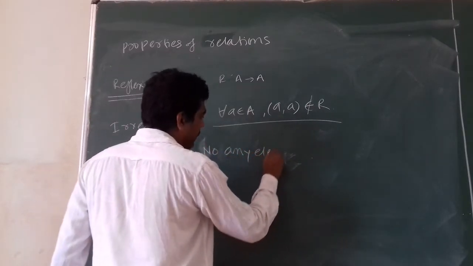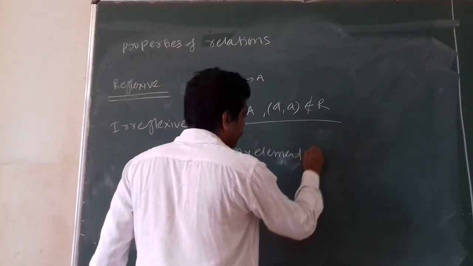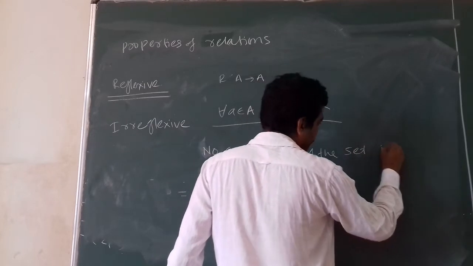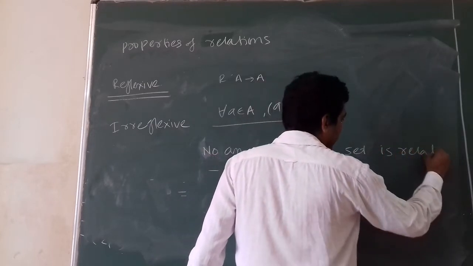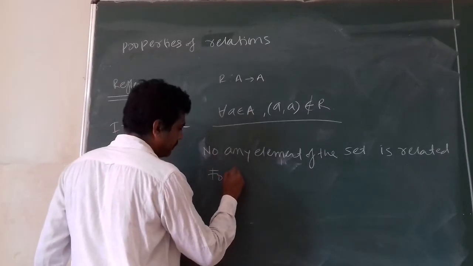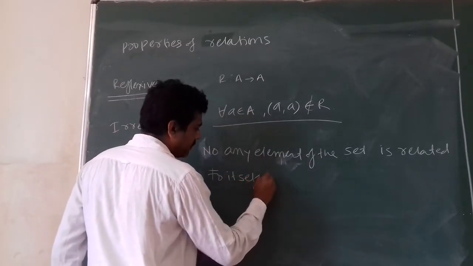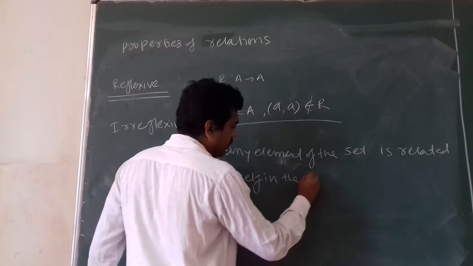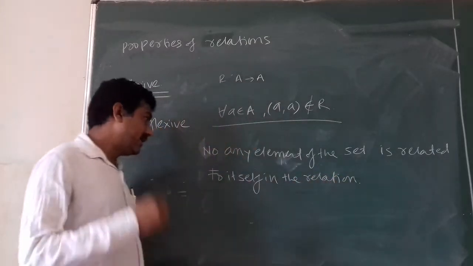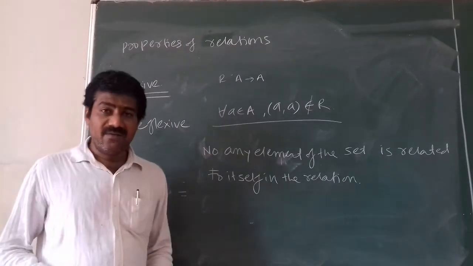No element of the set is related to itself in the relation, then we term it an irreflexive relation.